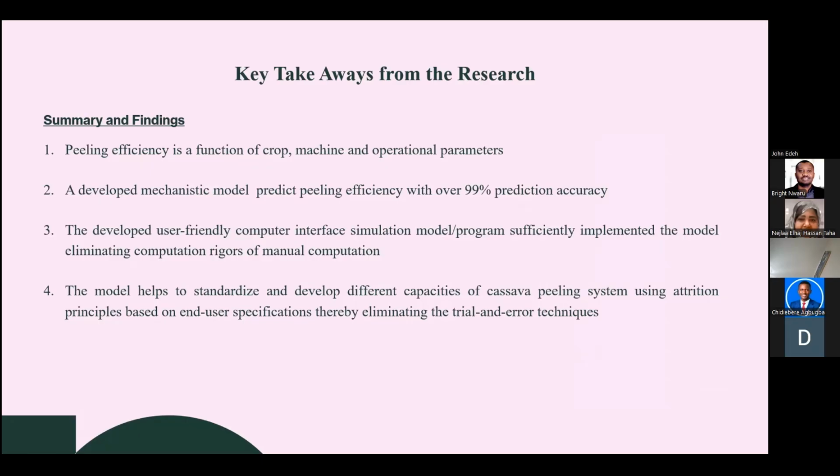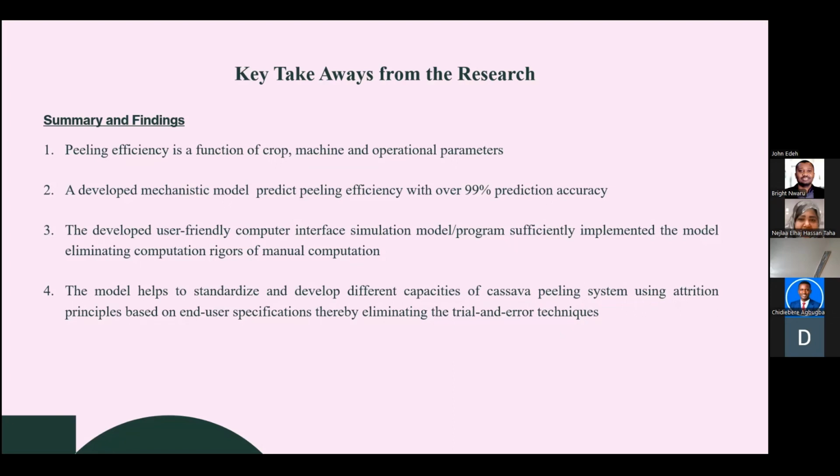Summary of the findings or key takeaways from the research. Peeling efficiency, that is a performance parameter, is a function of crop, machine, and operational parameters. So the developed mechanistic model predicts peeling efficiency with over 99% prediction accuracy from the validation test.